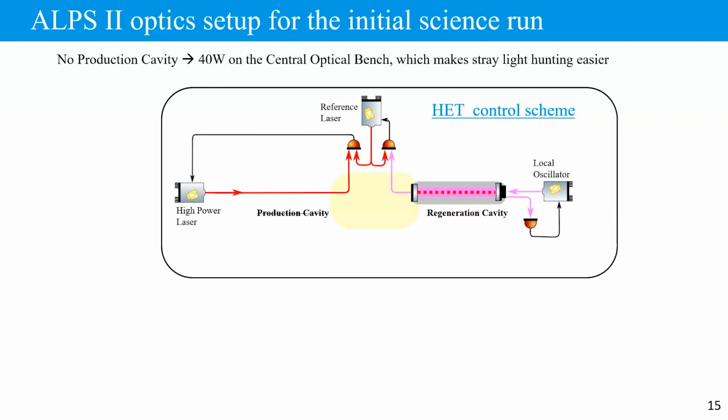And besides that, we have only 3 loops compared to the final design where we have 4 loops, which makes it easier to stabilize the system and to investigate the environment that we are working in.